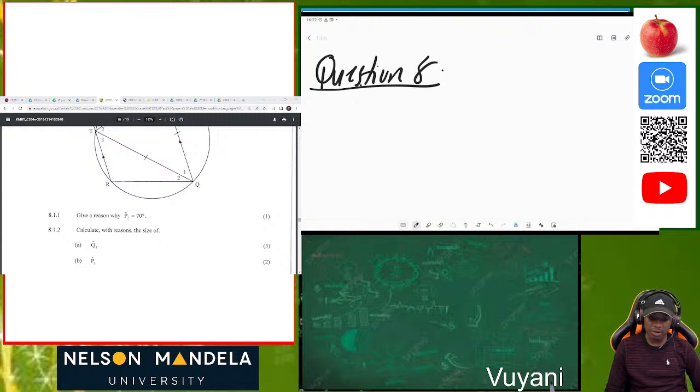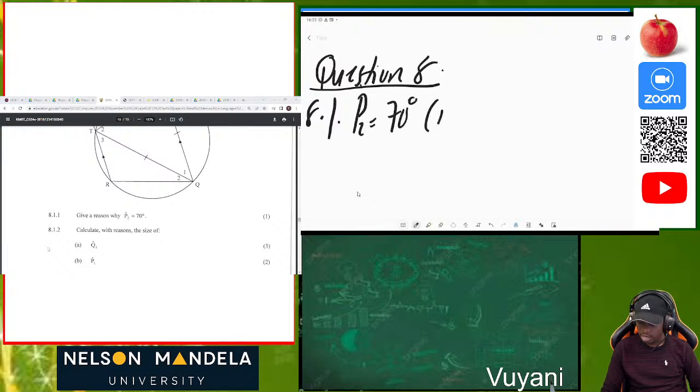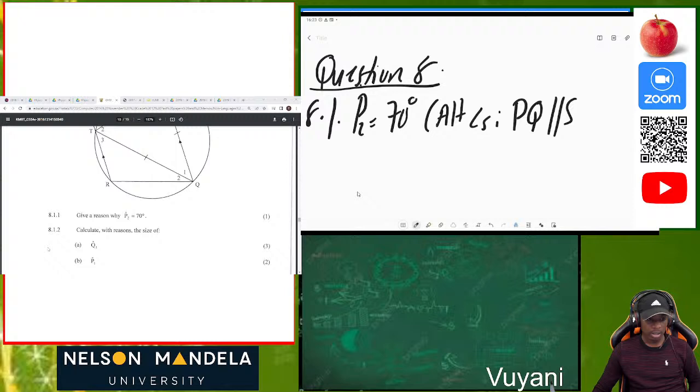So let's answer our question. 8.1.1, P2 is equal to 70 degrees. Why? They are alternate angles. Then you state the parallel sides. What are the parallel sides? PQ is parallel to SR.